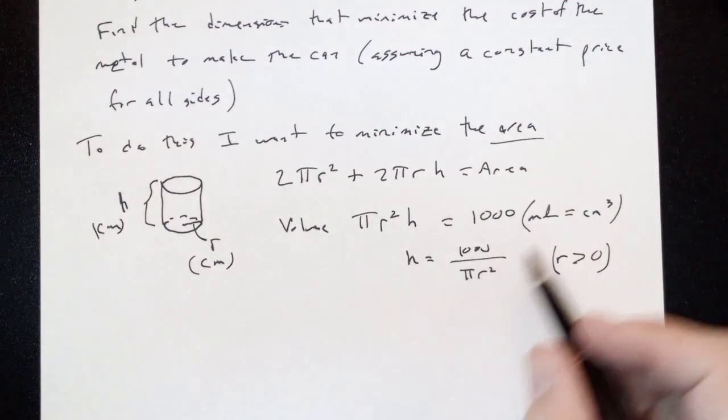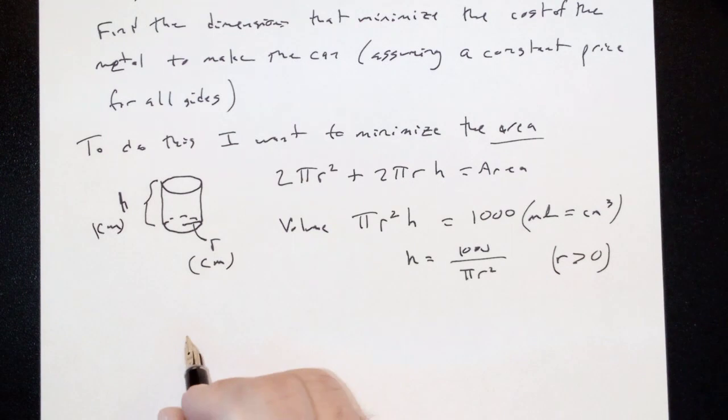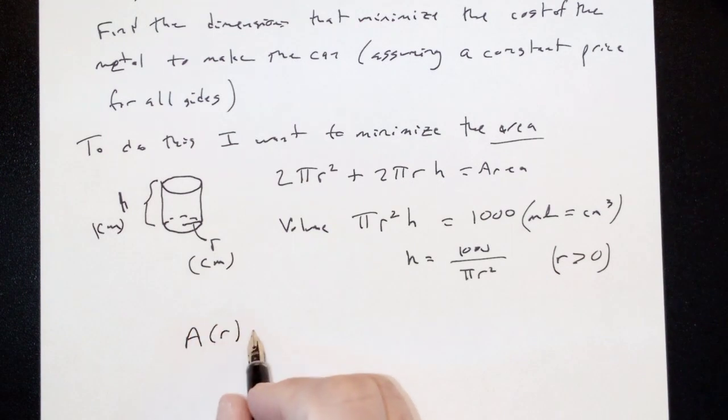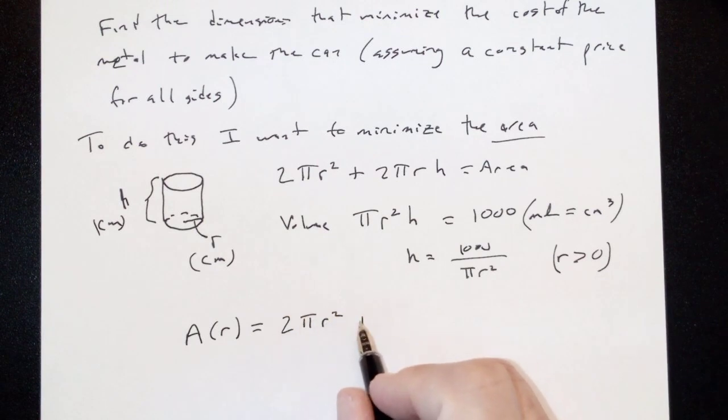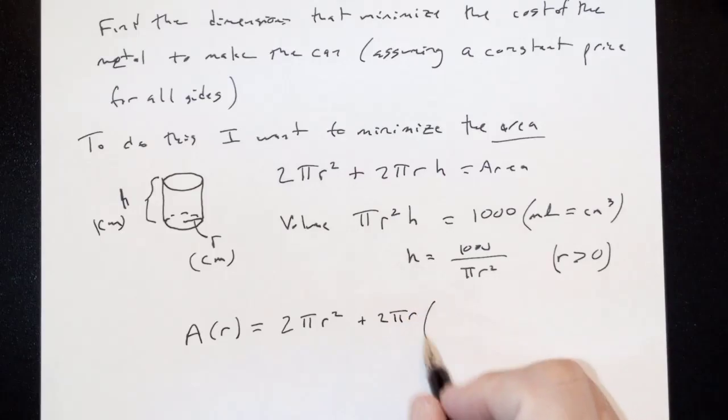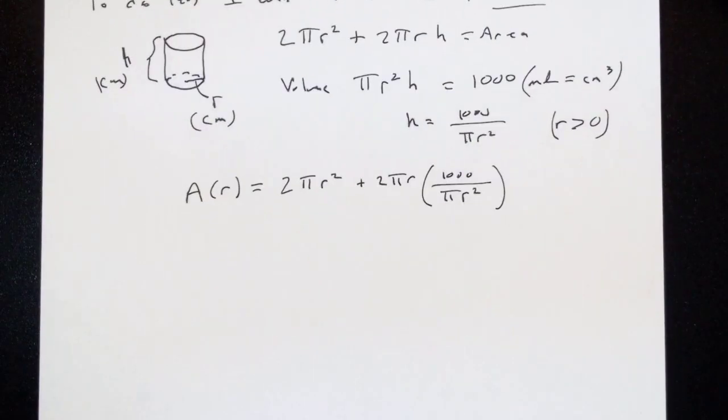Now I can put that back up in here. And my area expression becomes solely in R. Yes, now we simplify algebraically. Then we can do the calculus we want.